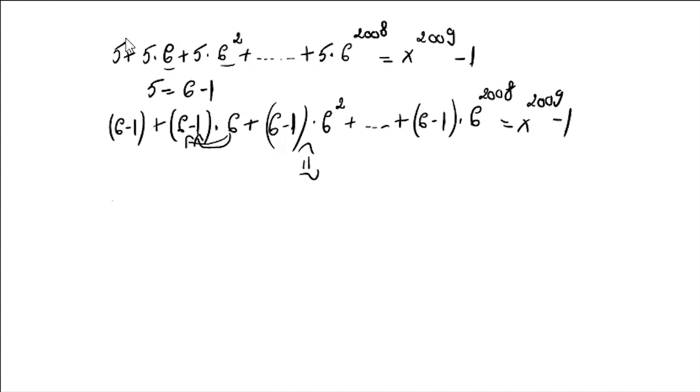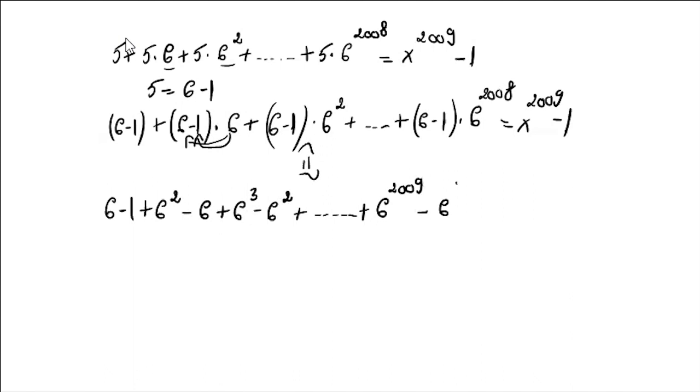We have now 6 minus 1 plus 6 at the power of 2 minus 6 plus 6 at the power of 3 minus 6 at the power of 2 plus, until we have, plus 6 at the power of 2009 minus 6 at the power of 2008 equals x at the power of 2009 minus 1.